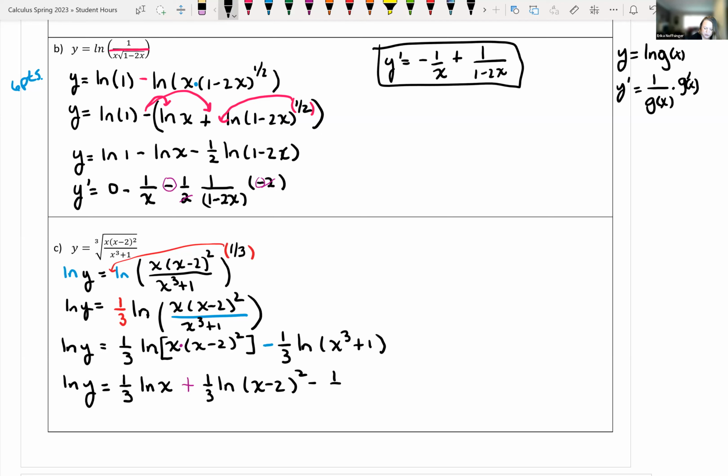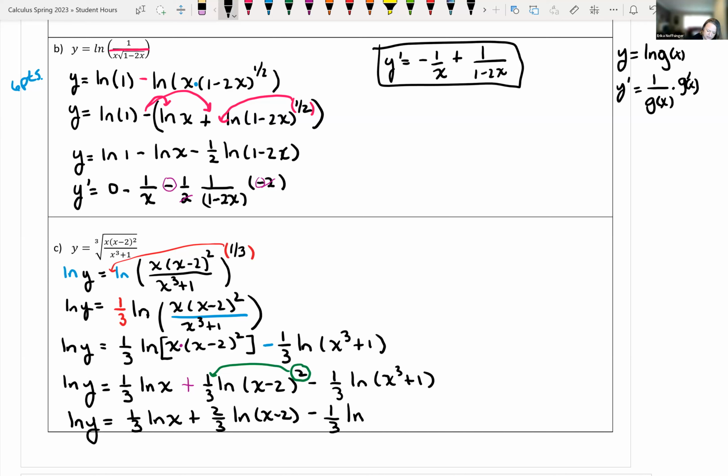And then bringing down the minus 1/3 natural log of x cubed plus 1. So again, we can use rules of exponents. And we can bring that 2 down for that 1/3 natural log of x minus 2 quantity squared. So rewriting this one more time, we have the natural log of y is equal to 1/3 natural log of x plus 2/3 natural log of x minus 2 minus 1/3 natural log of x cubed plus 1.